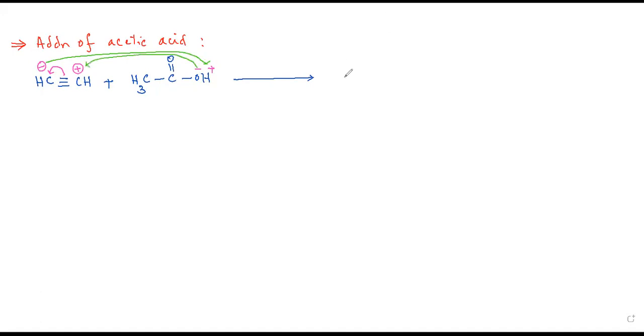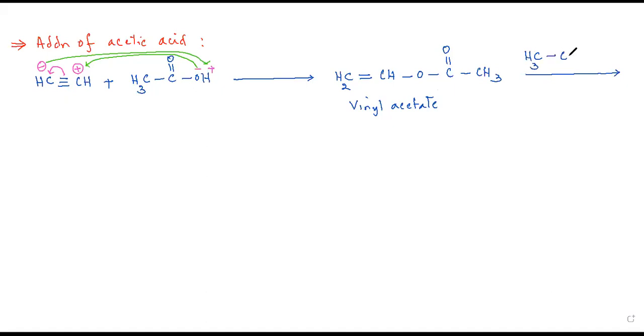So we'll get CH2 double bond CH, O, C double bond O, CH3. See, up to this, it is vinyl, right? Then we can call it vinyl acetate. Now this vinyl acetate, on further reaction with another molecule of acetic acid, we can take it the same way again.